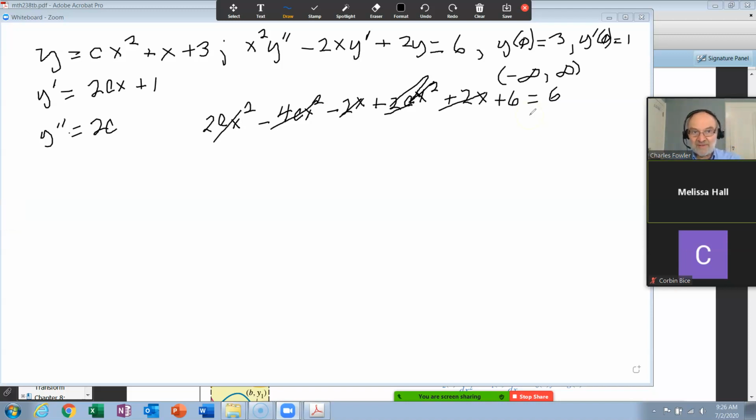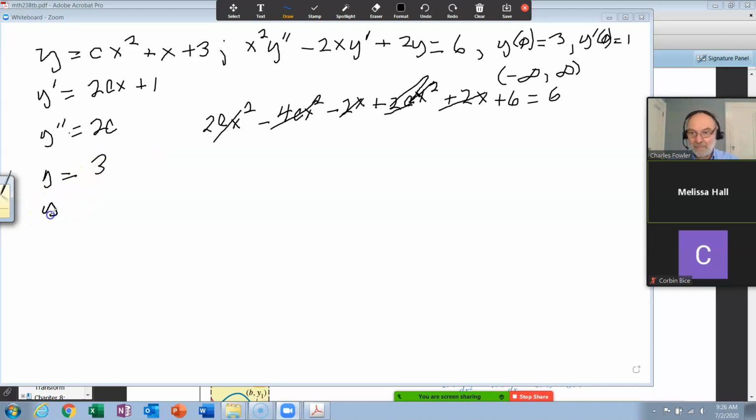Now let's see if the initial conditions are met. y at 0 would be, I think that's pretty obvious, c times 0 squared is 0, plus 0 is 0, and that would be 3. Sure enough, that works.